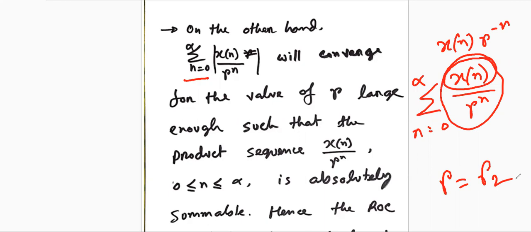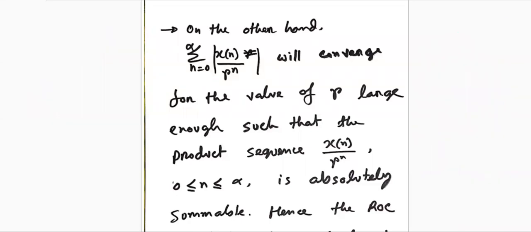Now, if you increase the value of r, will that force the system to be more stable? The answer is yes. Let's say R2 is equal to 2. If I choose more than 2, that means 2.5 or 3, definitely it will force the system to be more and more stable. And that is why we can write it in this way.